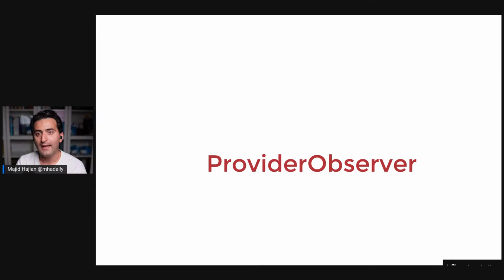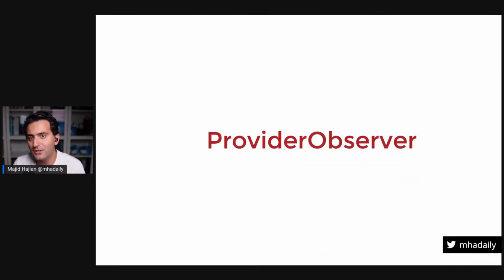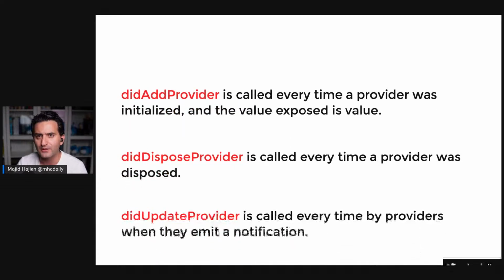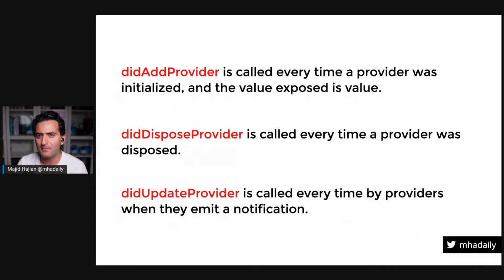And provider observer. Another very interesting object that is under your hand, and a use case. You probably have seen observers in Flutter applications if you have worked with any Flutter application before. Almost similar concept. So you're going to have three functions here in this case: didAddProvider, didDisposeProvider, and didUpdateProvider, similar to other concepts in Flutter.